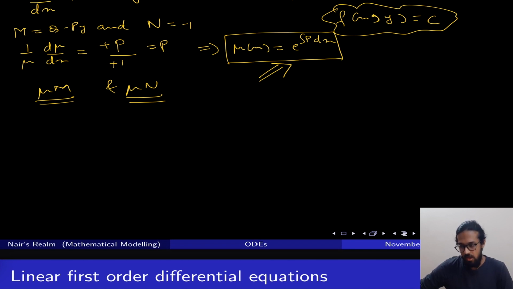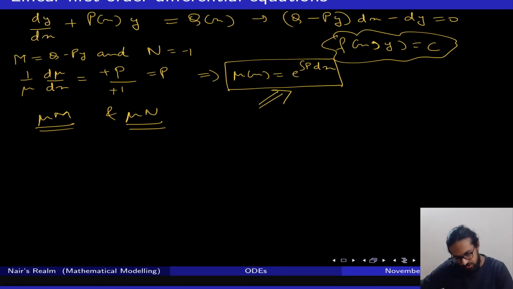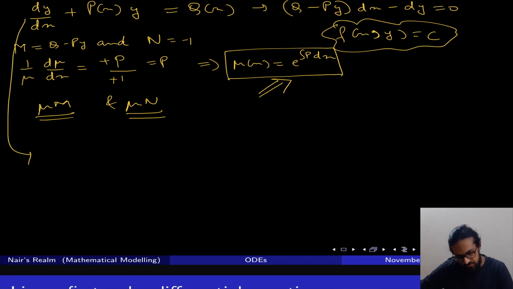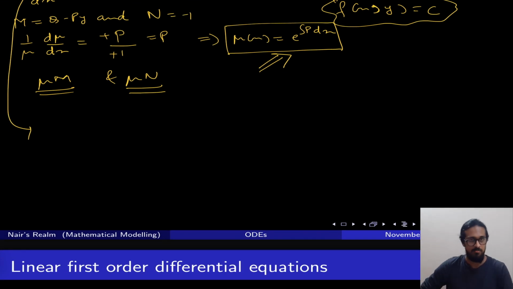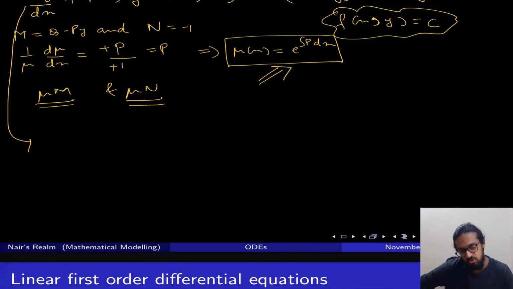Now, another way that I'm going to decompose this first equation is that I'm going to multiply. If I have any non-exact equation and I multiply it by the integrating factor, it becomes an exact differential equation. We are aware of that. So let's just write it in that way. Let's multiply it by this mu of x.